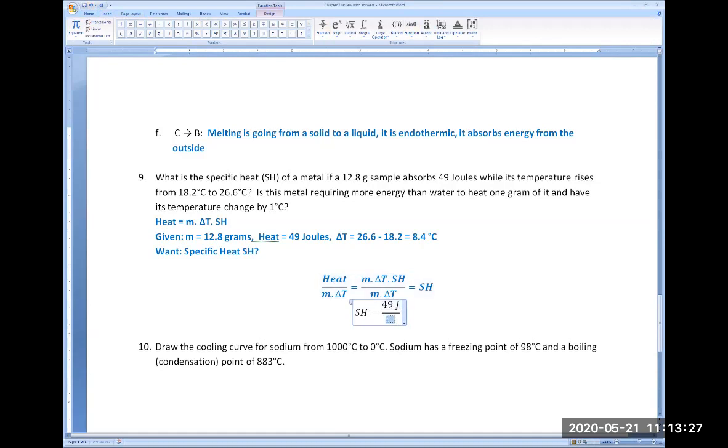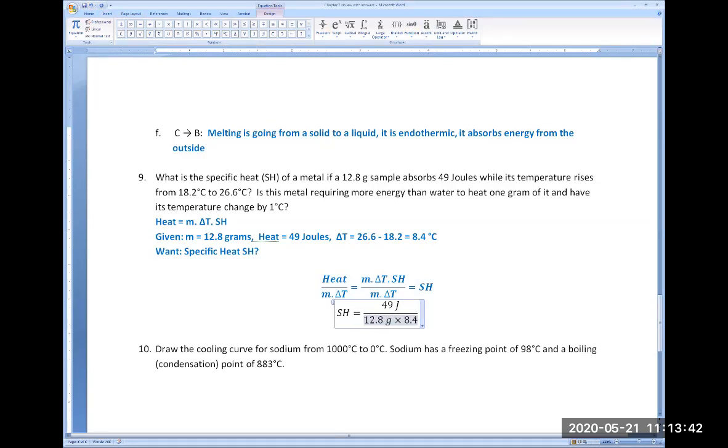M is 12.8 grams, and times delta T is 8.4 degrees Celsius. Right?